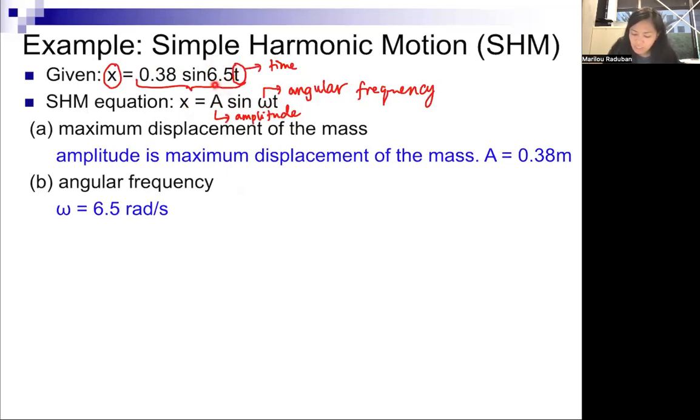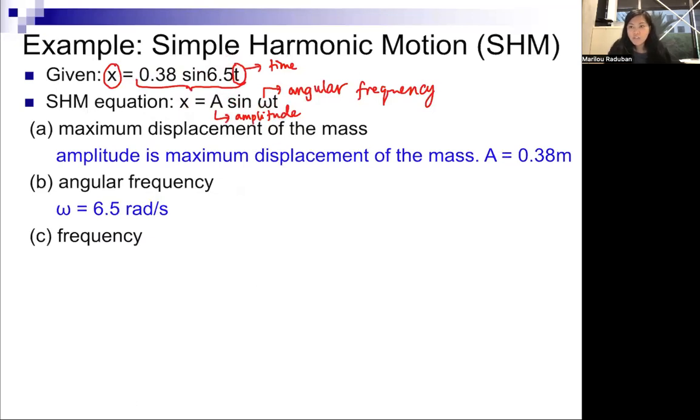So you have 6.5 being multiplied to the time t. So it's just 6.5 that will be equal to angular frequency omega. Does that make sense, Willow? Yeah, cool. So angular frequency is 6.5 radians per second.